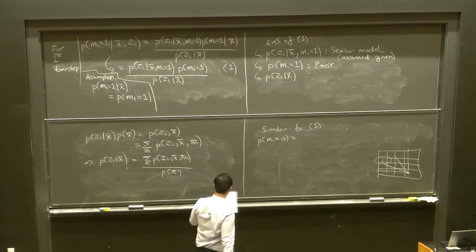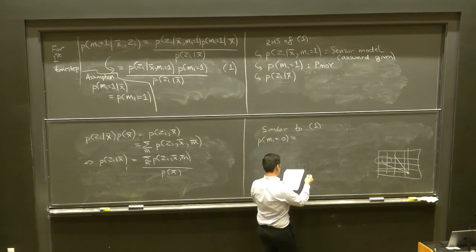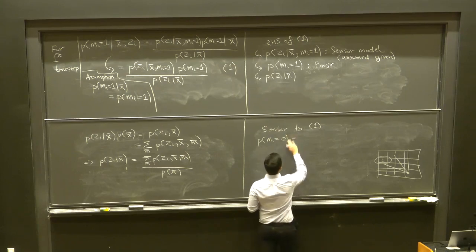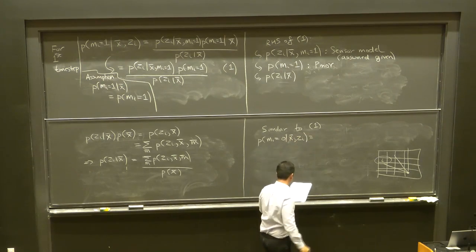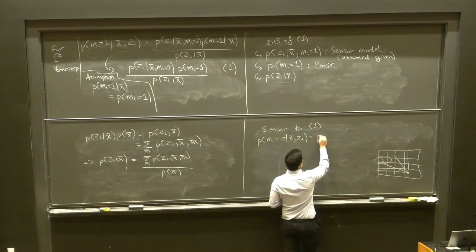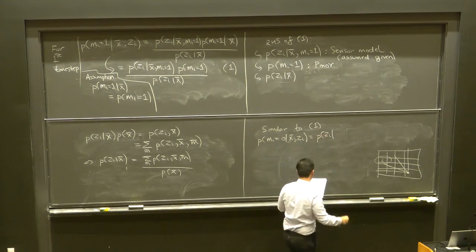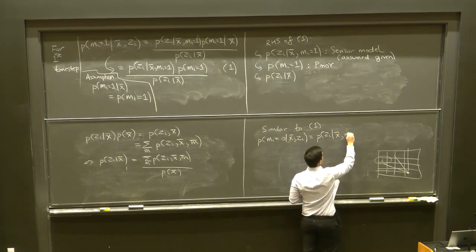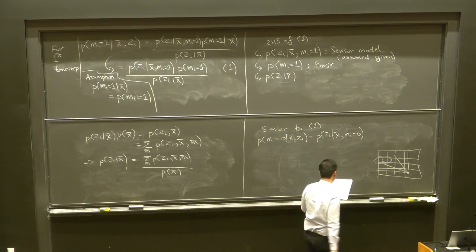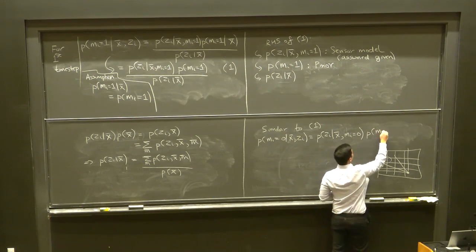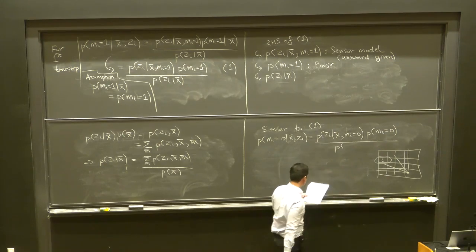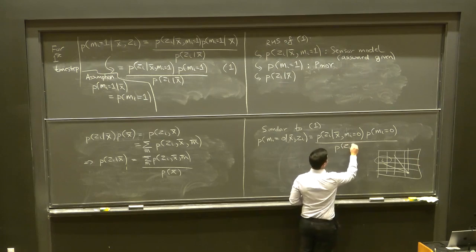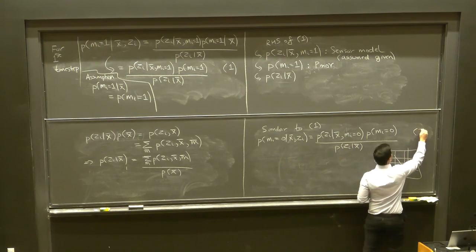By the same kind of computation, P of mi equal to 0 given x and Zi is equal to P of Zi given x and mi equal to 0, times P of mi equal to 0, divided by the same denominator P of Zi given x. I'll call this equation 2.